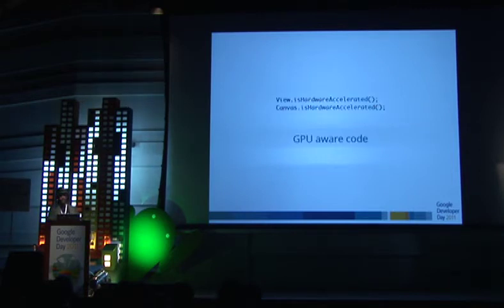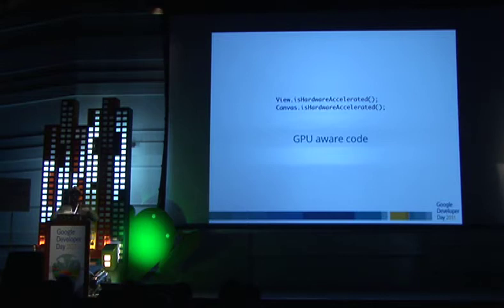That particular view will be drawn in software and will be drawn compatible. You can also create GPU-aware code. So if you're writing custom views, you might actually want to know, should I draw this way or not if I'm using hardware acceleration? So that's another thing you can do inside of your code.